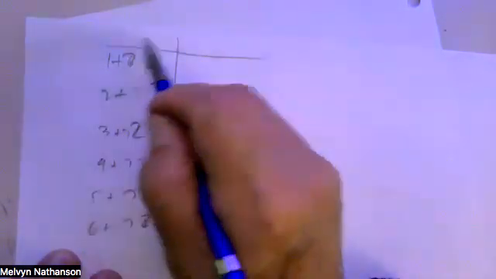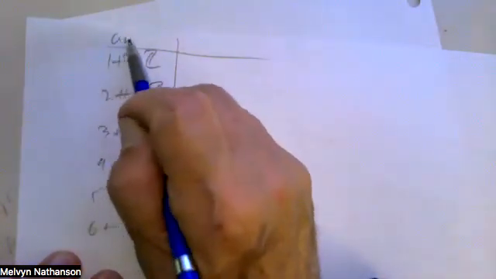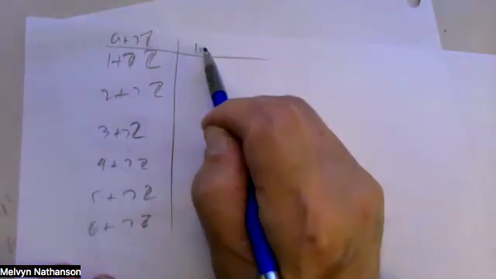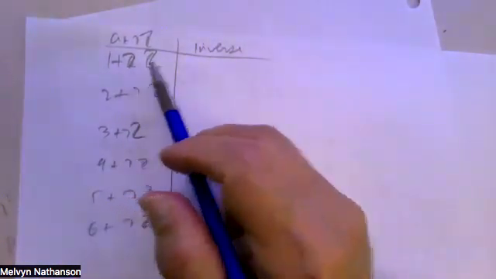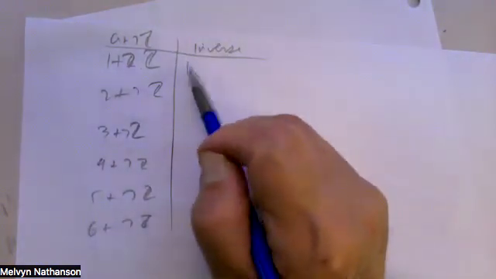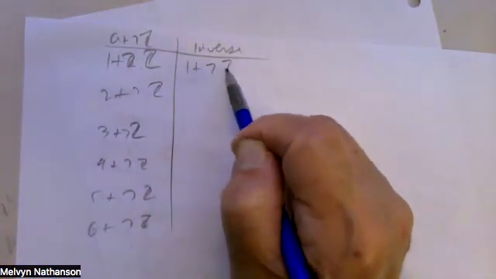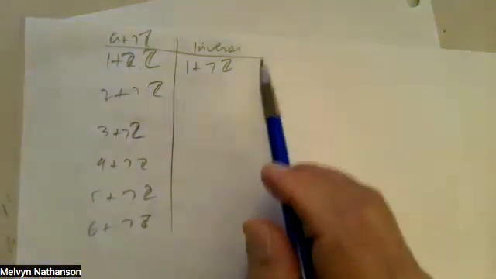These are the 6 non-zero congruence classes. And what is the inverse? Of course, the inverse of 1 is always 1. 1 times 1 is 1. So you have to figure out the 5 remaining non-zero congruence classes.